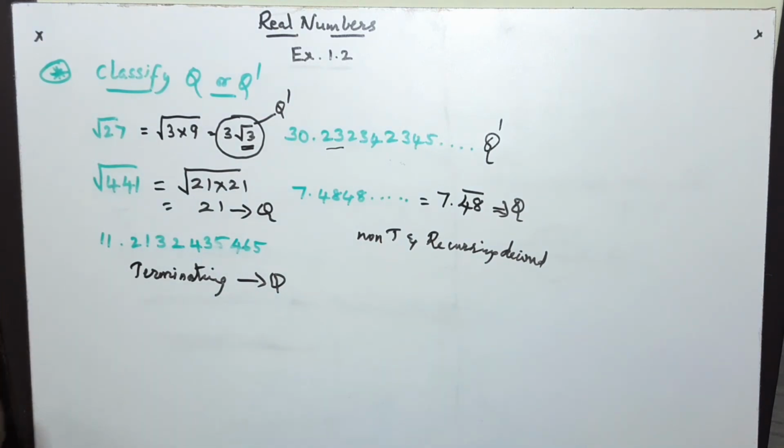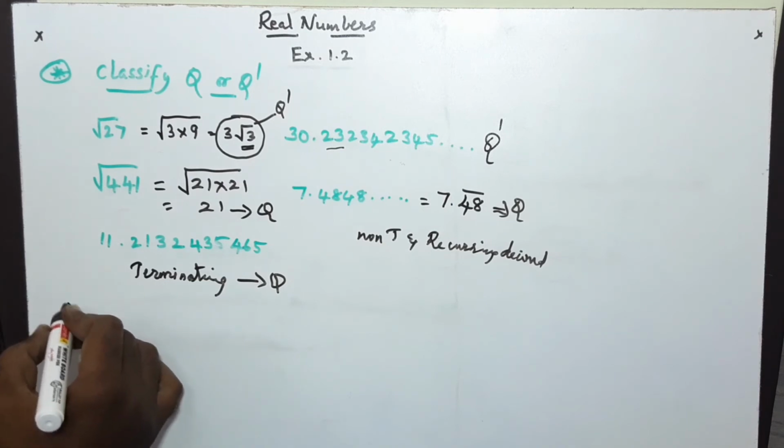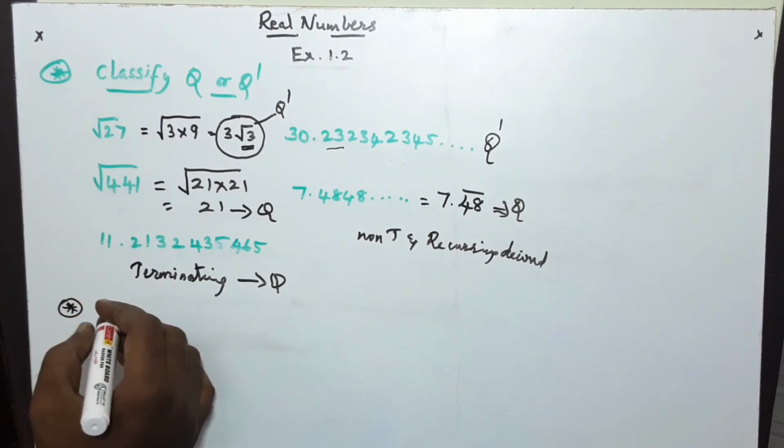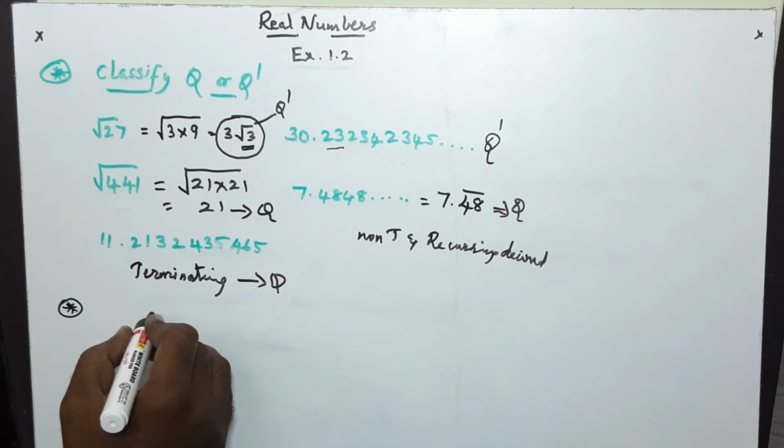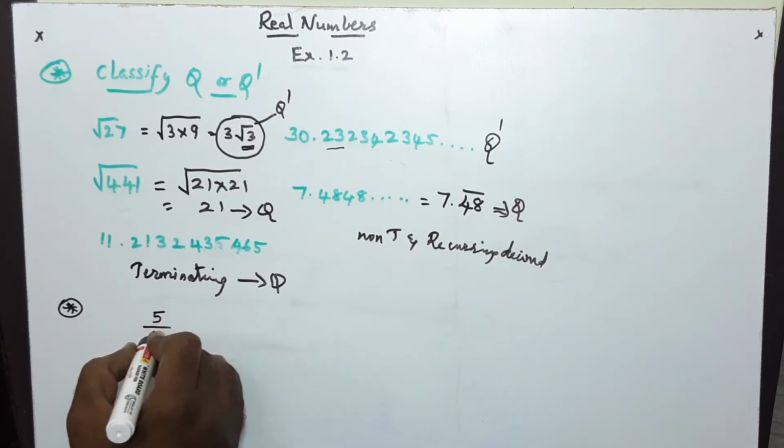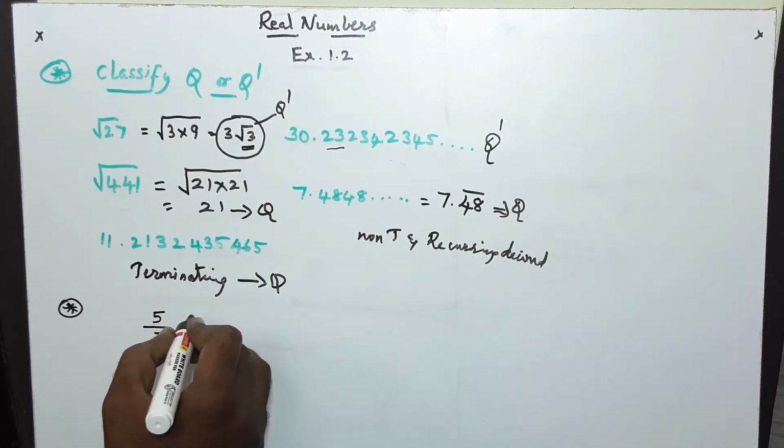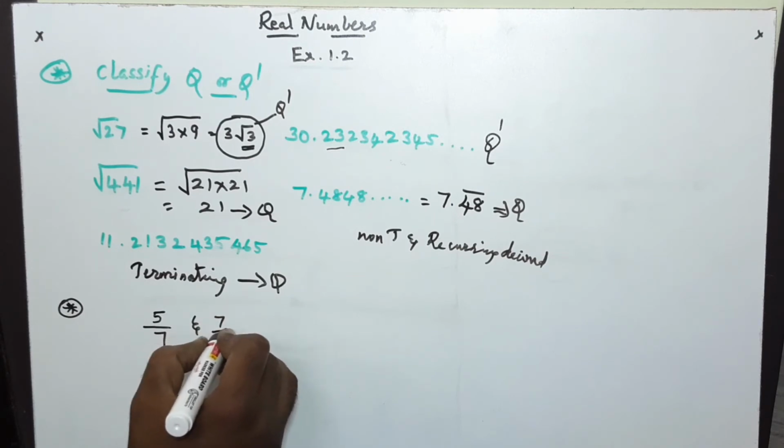Now let us move to the next problem. What is the next problem here? Find an irrational number between 5/7 and 7/9.